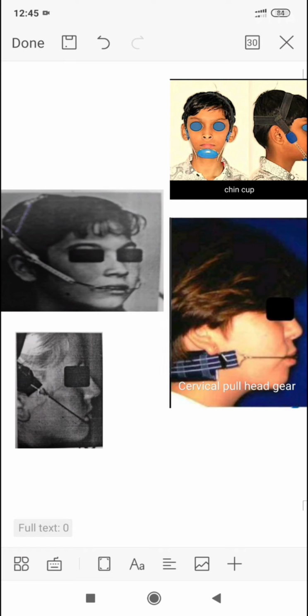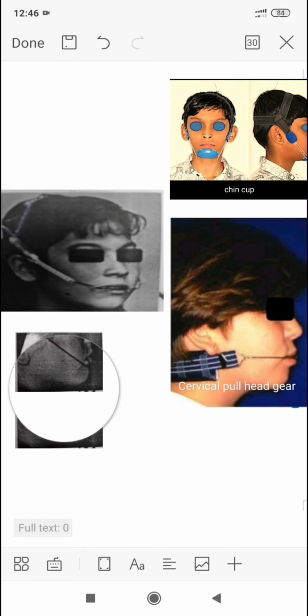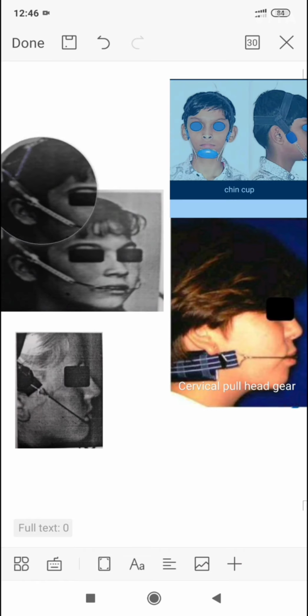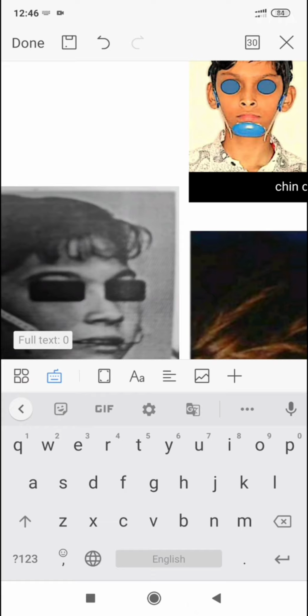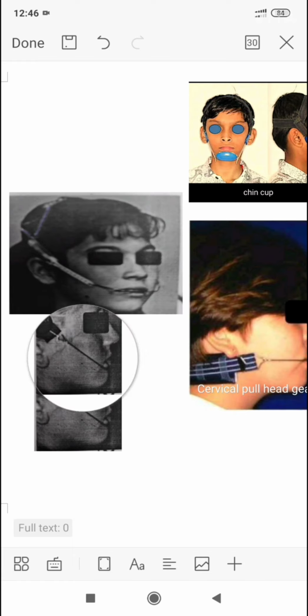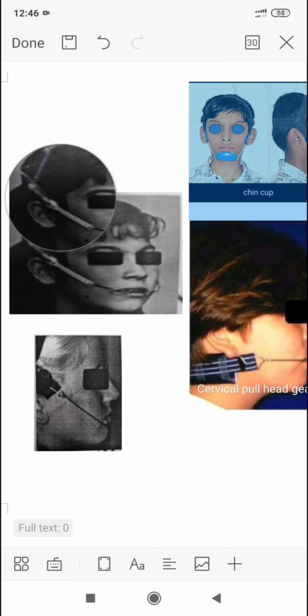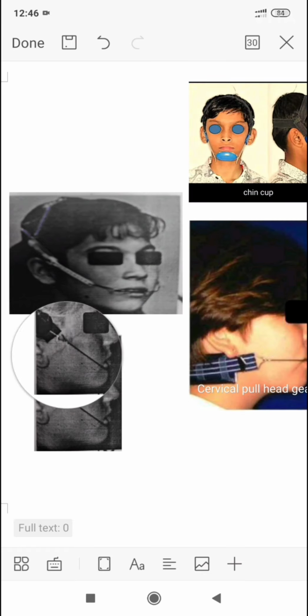Types of headgear are high pull or occipital headgear, cervical or low pull headgear, combi pull headgear, and J hook headgear.